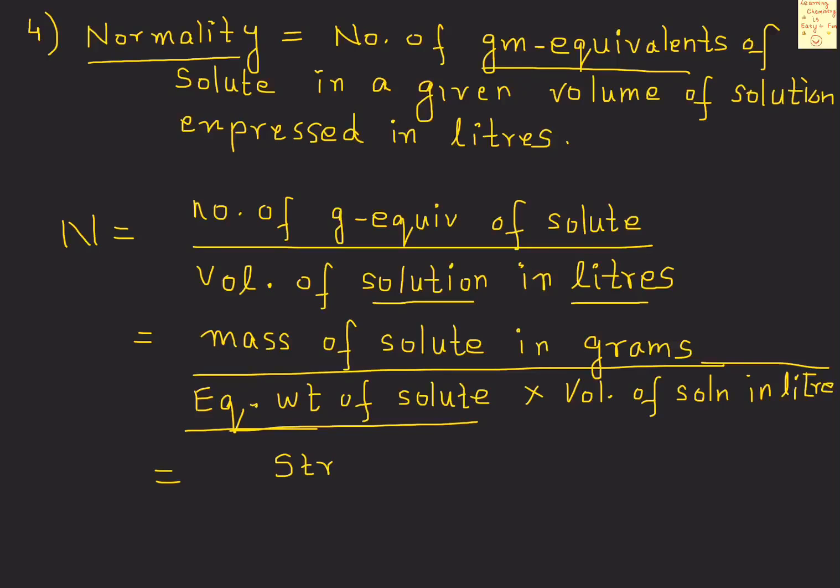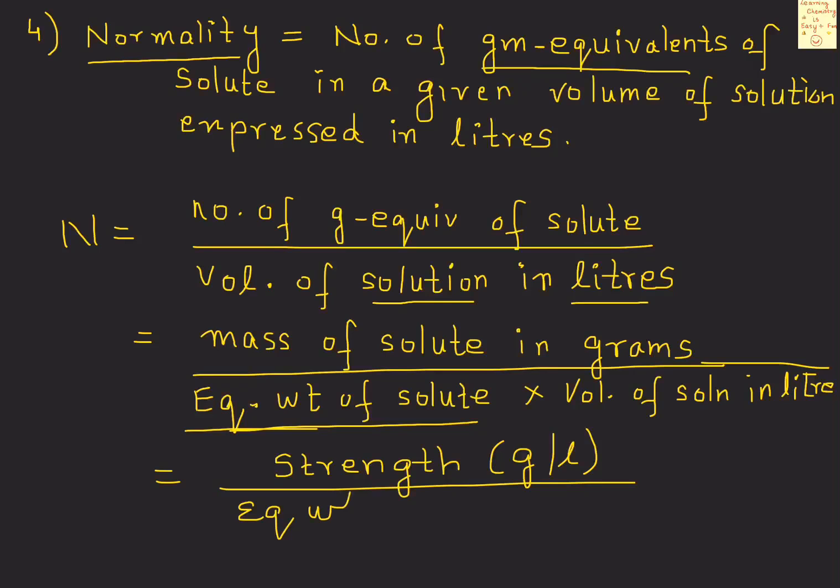It was called the strength of the solution in gram per liter divided by the equivalent weight of solute. Right? So you've got 3 formulas in place. If you understand the basics, you can do with even one formula. In fact, you don't need the formulas at all. But if you are one who is more comfortable with formulas, you can note all 3 of them down or just one of them down and know how to derive the others.